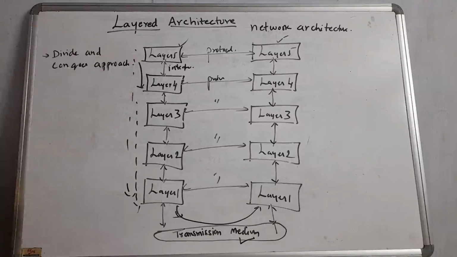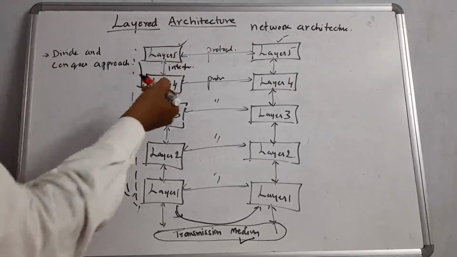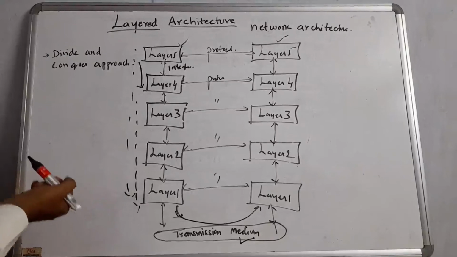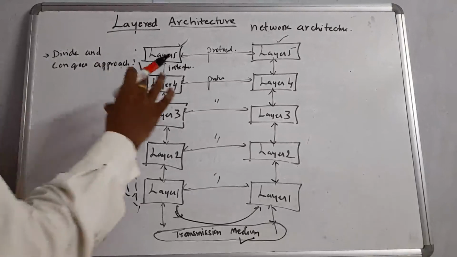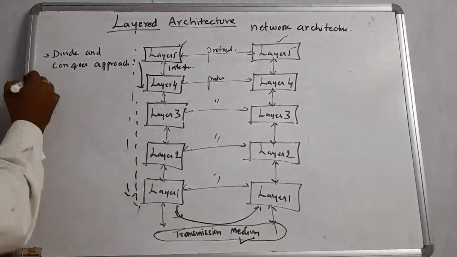The divide and conquer approach makes the design process such that unmanageable tasks are divided into small and manageable tasks. In short, this approach reduces the complexity of the design.